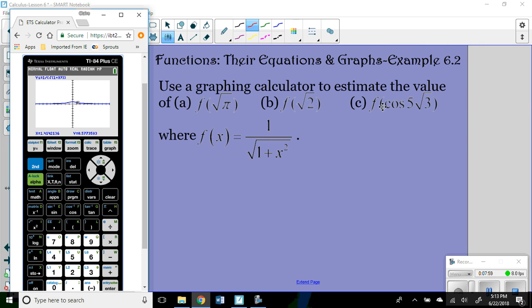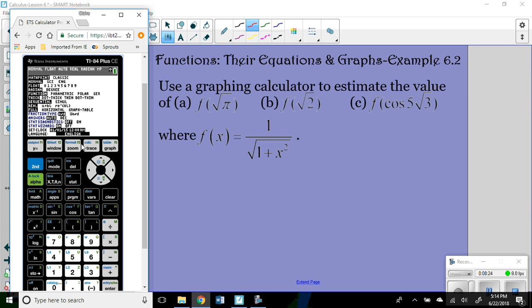Now for this next one, do you see where it says cosine of 5 square root of 3? You need to make sure your mode is in radians. If it's not, you need to change it. If it's in degrees, it would look like this. So what you're going to do is go down until it's flashing on radians and hit enter. So now it's in radians.